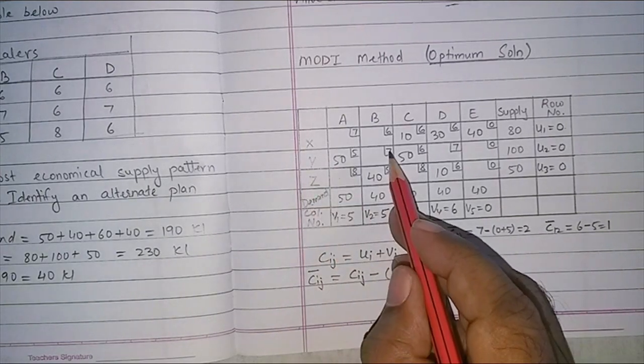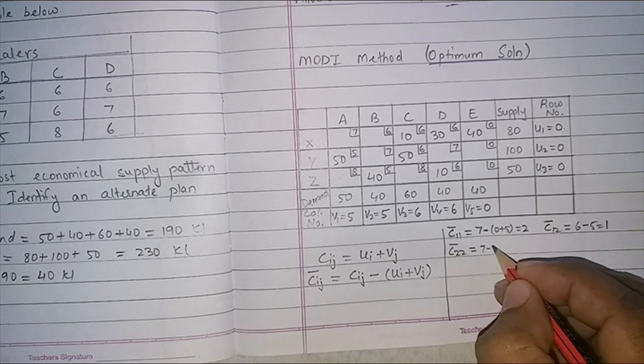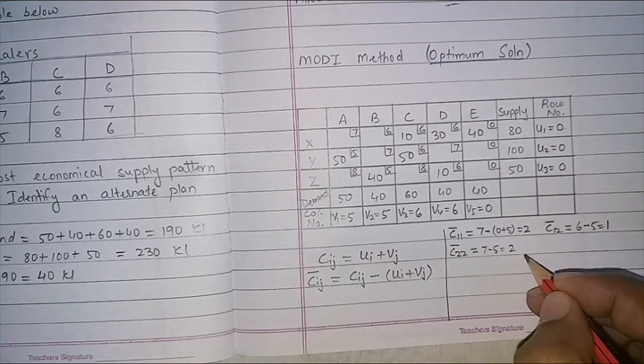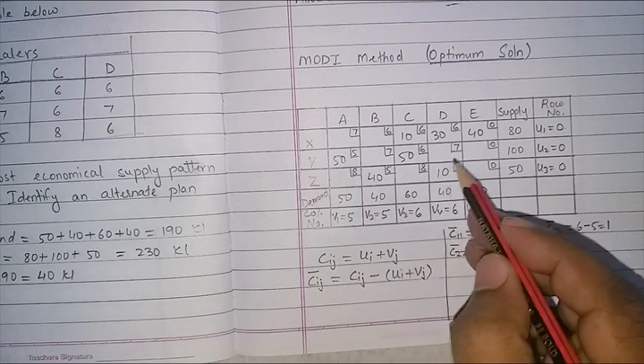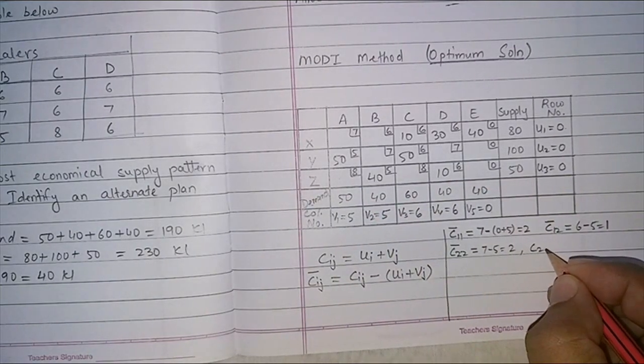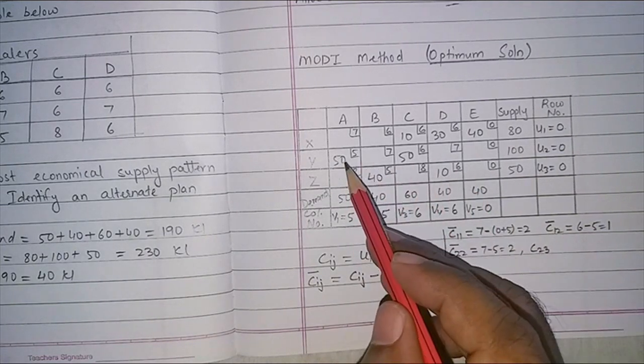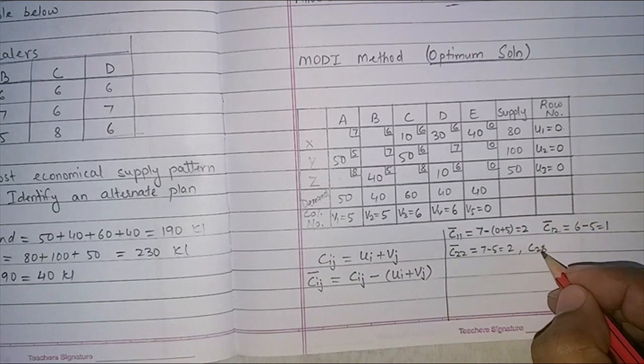So C22, 7 minus 5 gives you 2. Next is C24, 1 2 3 4, this is 24.